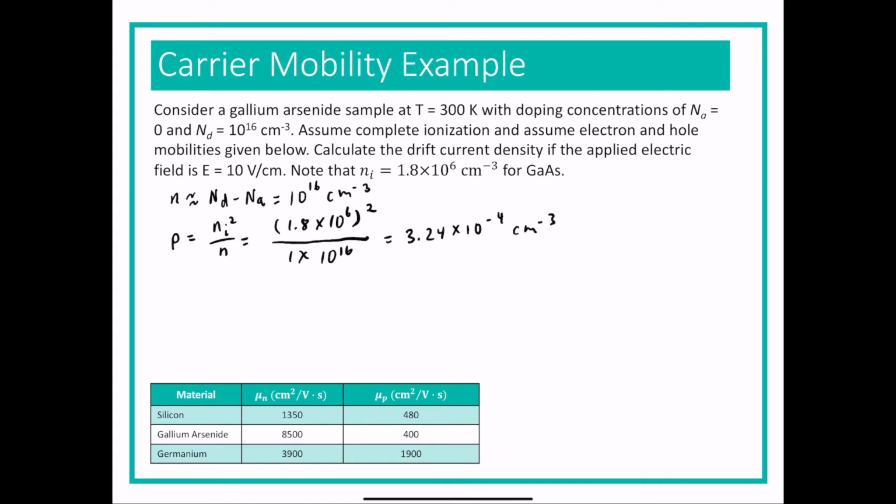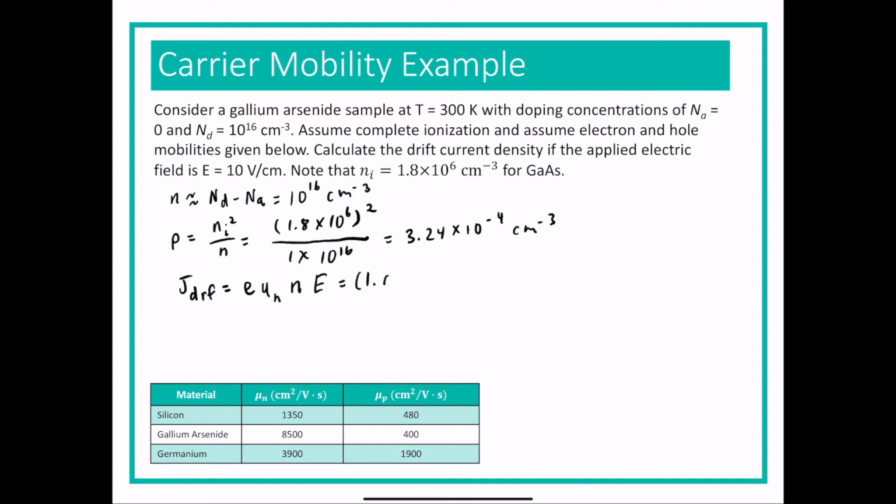So we can get the drift current density. You'll notice the number of electrons is insanely bigger than the number of holes. So it doesn't matter if I put the number of holes in this calculation or not. It will not make a bit of a difference. There's like 20 orders of magnitude between the two. So really, I can just take the values that are related to the electrons. So I can take the electronic charge times the mobility of the electrons times the number of electrons times the magnitude of the electric field.